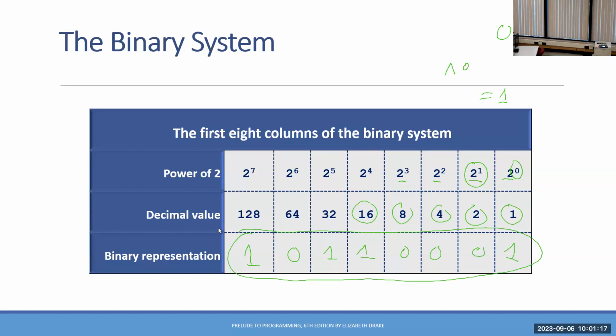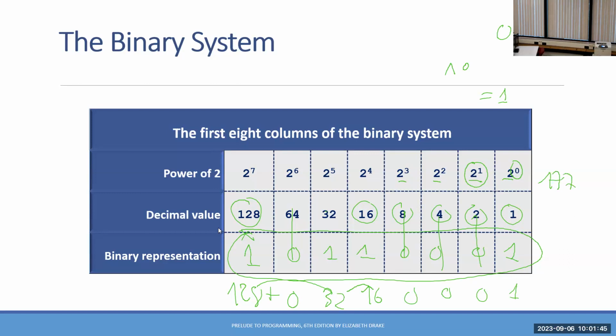It is the same. Number 1 here is in the 128 column, so you have 128 here. This one, you have 0. This one, you have 32. This one, you have 16. This one, you have 0, 0, 0. And you have 1. And you sum it up together. You have 160, 176, and 177.